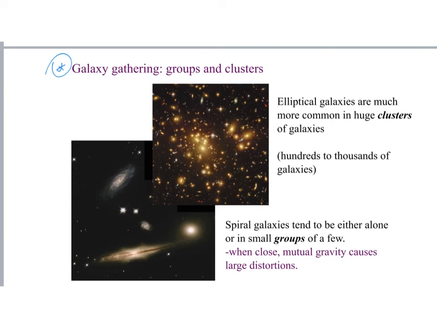And now I want to tell you something new about these groups and clusters. It turns out that the different types of galaxies group differently. For example, the elliptical galaxies are much more common in huge clusters of galaxies, and these are made of hundreds to thousands of galaxies.